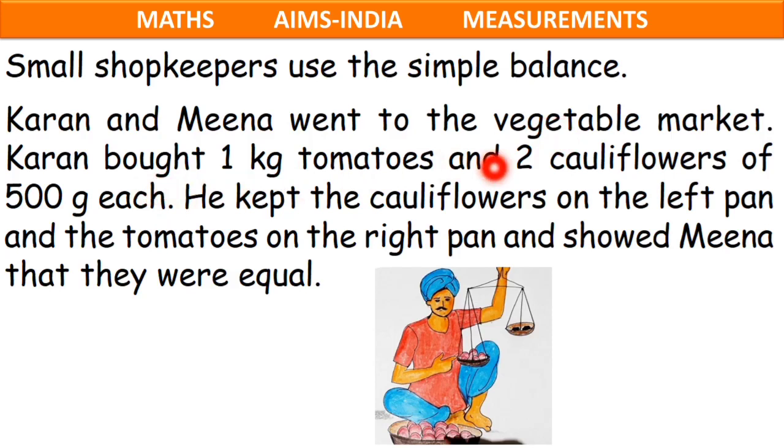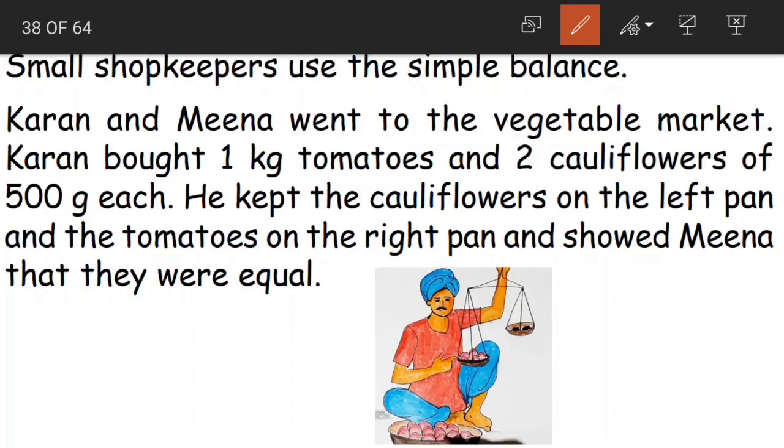Karan and Meena went to the vegetable market. Karan bought 1 kg of tomatoes and 2 cauliflowers of 500 grams each. He kept the cauliflowers on the left pan and the tomatoes on the right pan and showed Meena that they were equal. Compare the weight of the objects in both the pans, children.